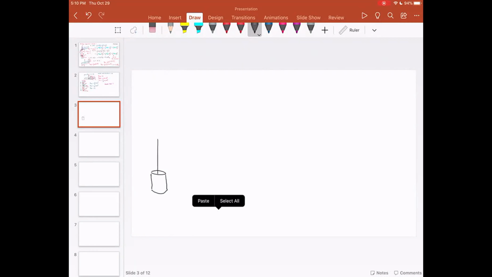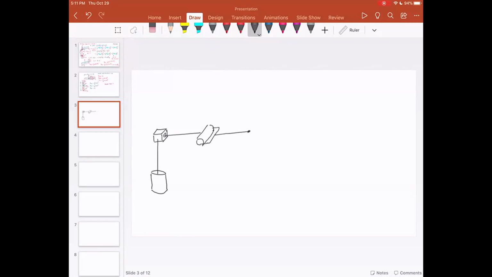So we have a revolute joint, then there is a prismatic joint, and then at the end of the prismatic joint there is another revolute joint, and at the end of the revolute joint you have an end effector.